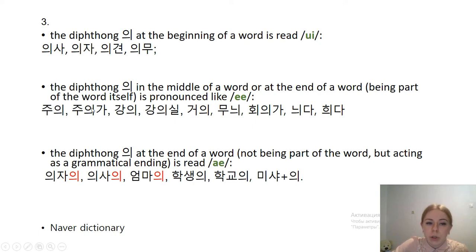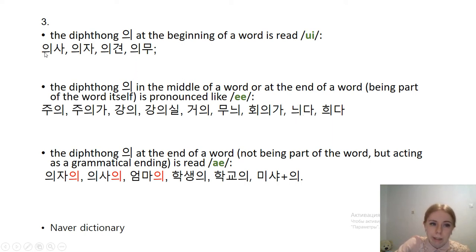So, 주의가, 강의실, 고의, 문의, 회의가, 니다, 히다. Here, it's not the middle of the word or the beginning of the word. It's in the middle, probably. So in this case, if you see that it's not the 의 sound at the beginning, but there is also some consonant, you have to read 의 like 이.